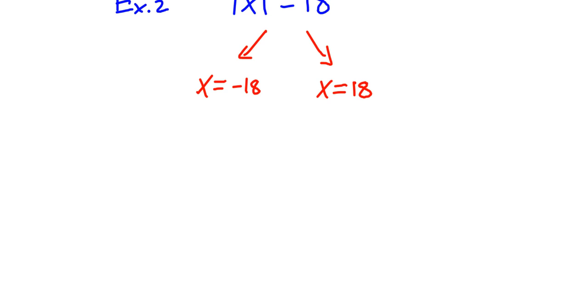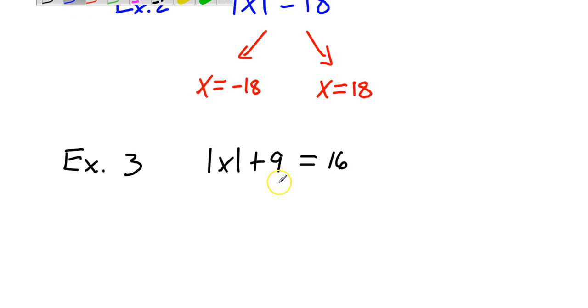And then from there, they get to the problems that are just a little bit longer. So here's one where you actually have to get the absolute value of x by itself. Let's say you've got the absolute value of x plus 9 equals 16. Again, the math on this part really shouldn't be all that hard. Just subtract 9 from both sides.